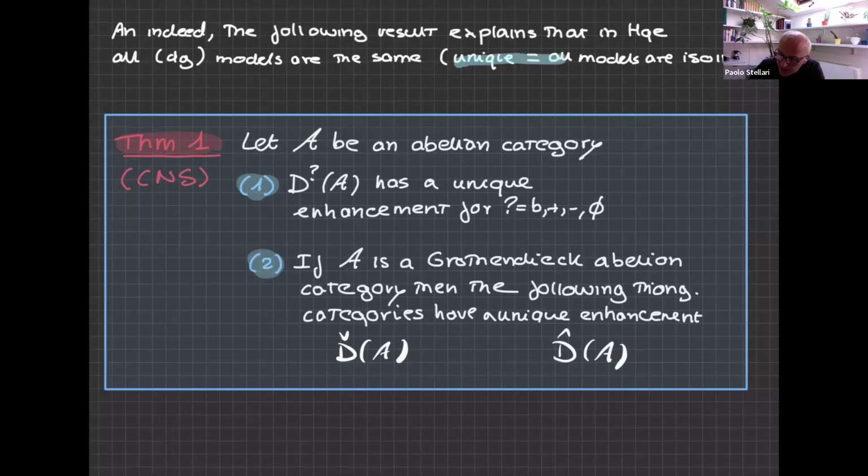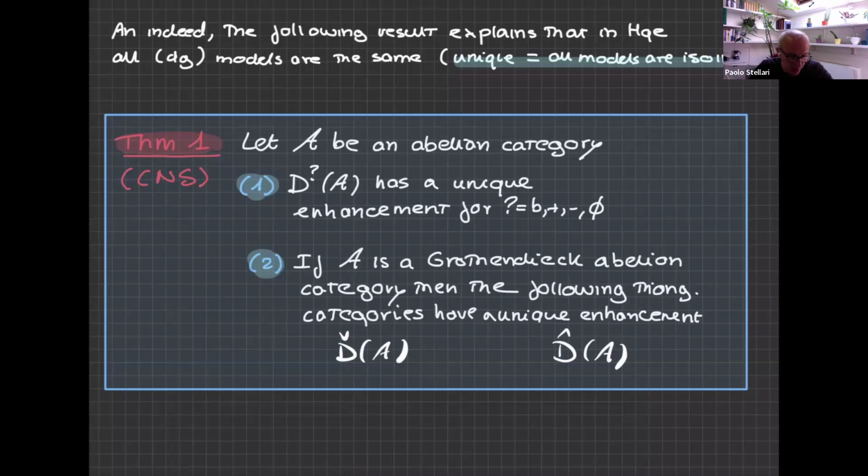So unique means that if I take two such models, then they are actually isomorphic inside the localization HQE that we have introduced. So if we see the DG models of a triangulated category of this very special nature as objects in the localization, then they are unique in the sense that they are all isomorphic.